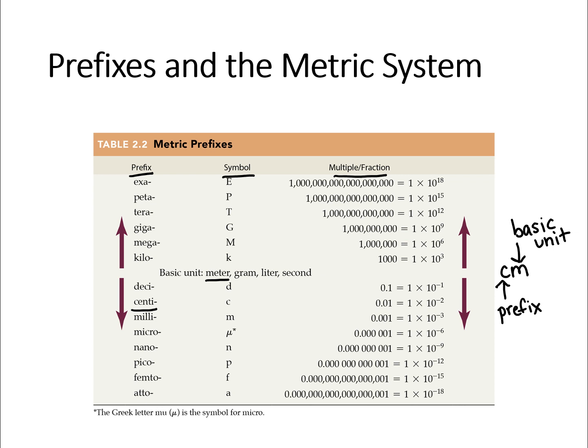What centimeter means is that I have less than 1 full meter. What I actually have is 0.01 meters, or 1/100th of a meter. That's how you can read this chart.